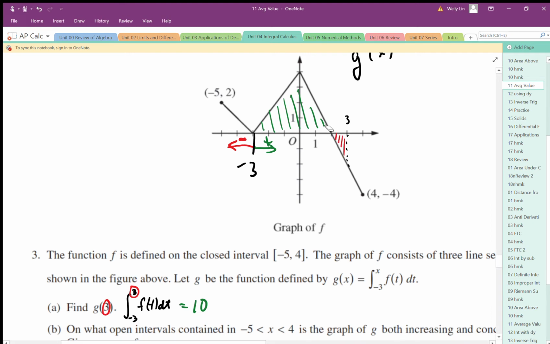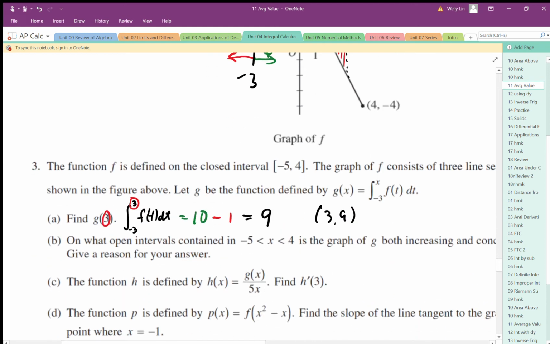From 2 to 3, I'm going down. So it's got a width of 1, height of 2, so an area of 1. I'm going backwards that amount. So g of 3, the g coordinate at x equals 3, is then equal to 9. So then I have an ordered pair of 3, 9.